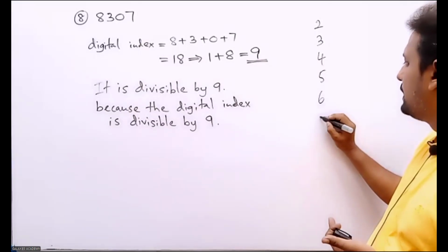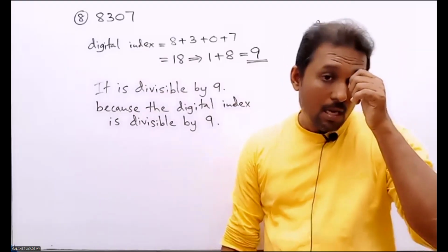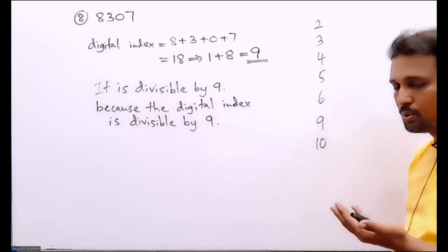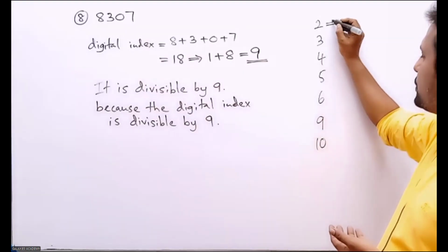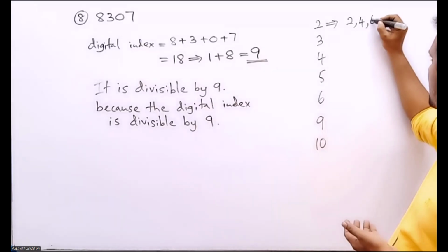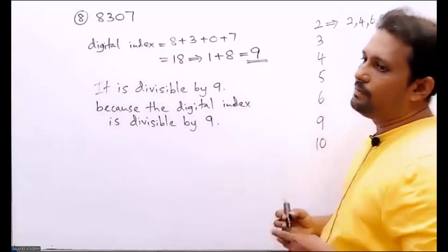Then also we discussed 9, 10. How can you determine the numbers are divisible by 2? The last digit should be 2, 4, 6, 8 or 0. Then the number should be divisible by 2.